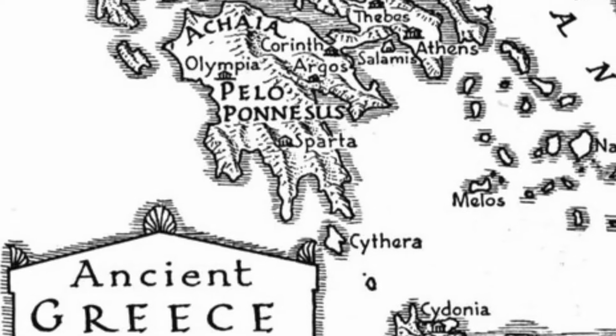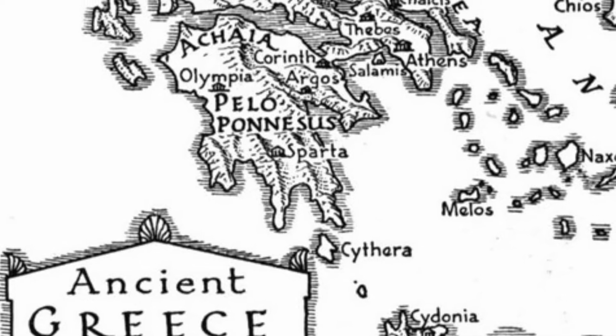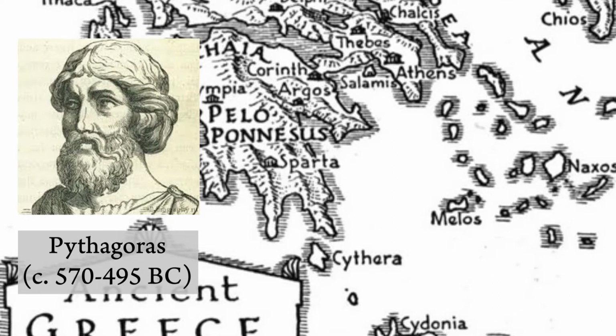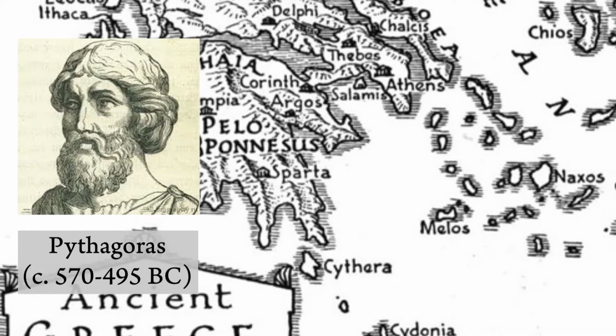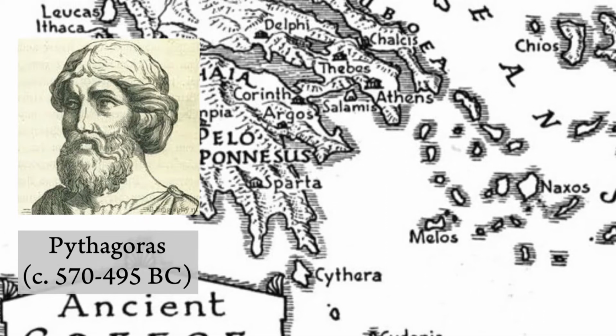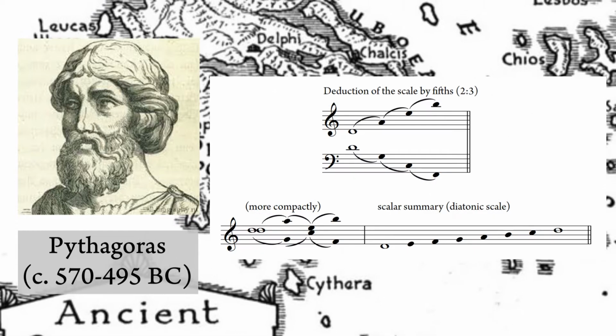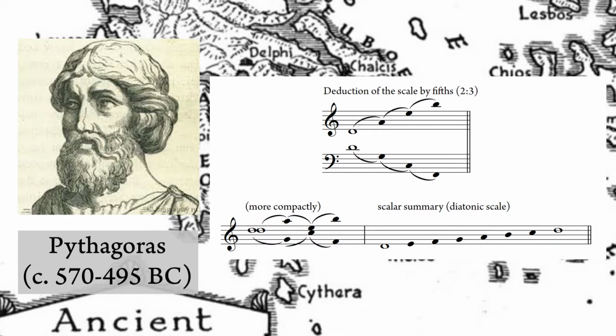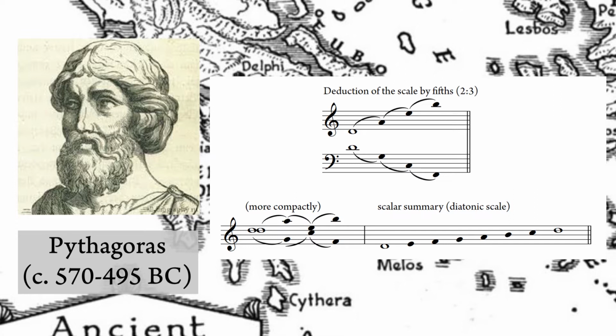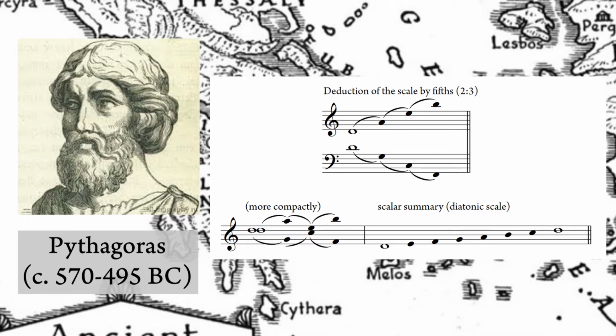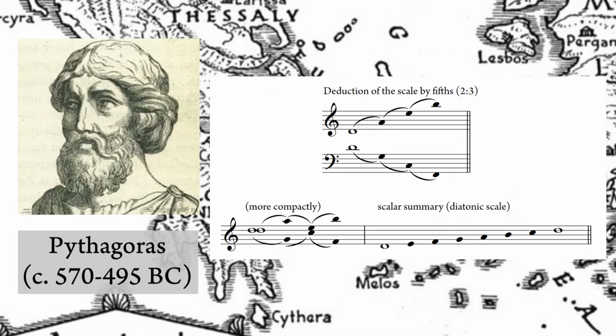Let's fast forward to ancient Greece, where the famous mathematician and musician Pythagoras developed a tuning system using simple ratios to derive notes of the scale. Using intervals of the octave, perfect 5th, and perfect 4th, he was able to derive the entire diatonic scale.